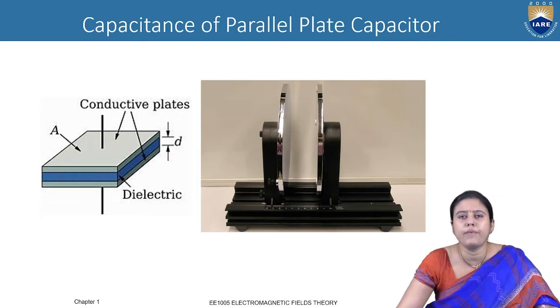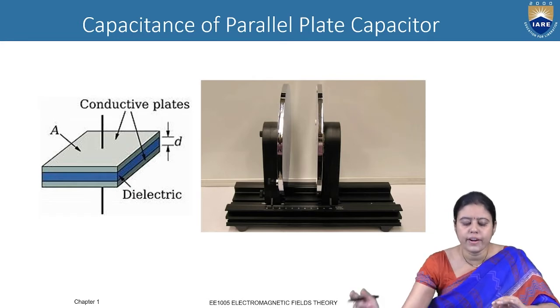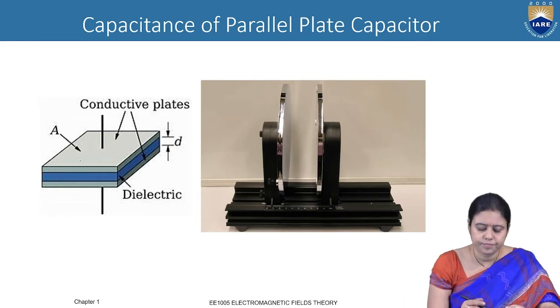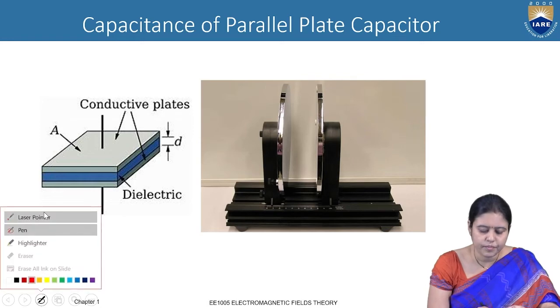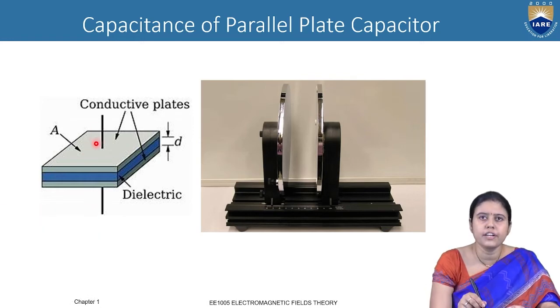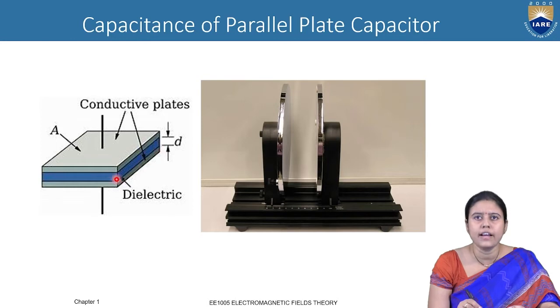What is the meaning of parallel plate? You can see there are two plates. The top portion is the one parallel plate and the down portion is the another parallel plate. This brown one and the down side, these two are two parallel plates. And what is A?